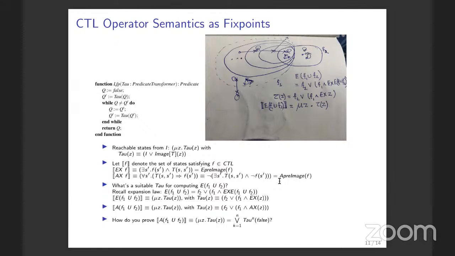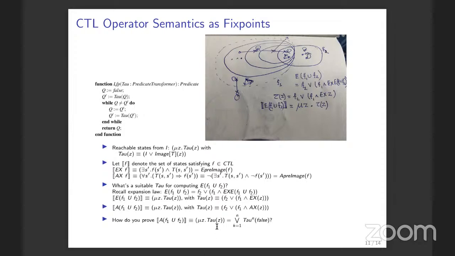Now, it seems like there is some magic going on here because of the way the thing is. Therefore, you can ask the question: how do you actually prove that the least fixed point includes exactly those states that satisfy A U? Now we will see proofs of this. I'm giving you an intuitive feeling by picturizing the Kleene chain.